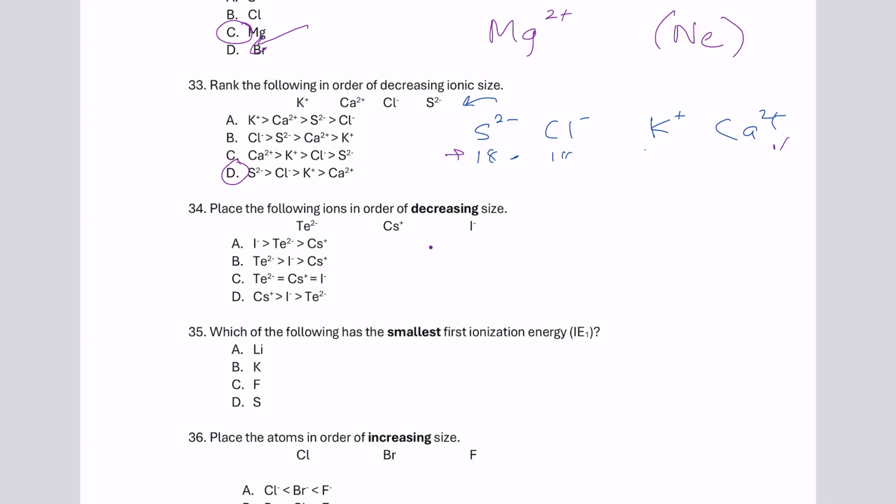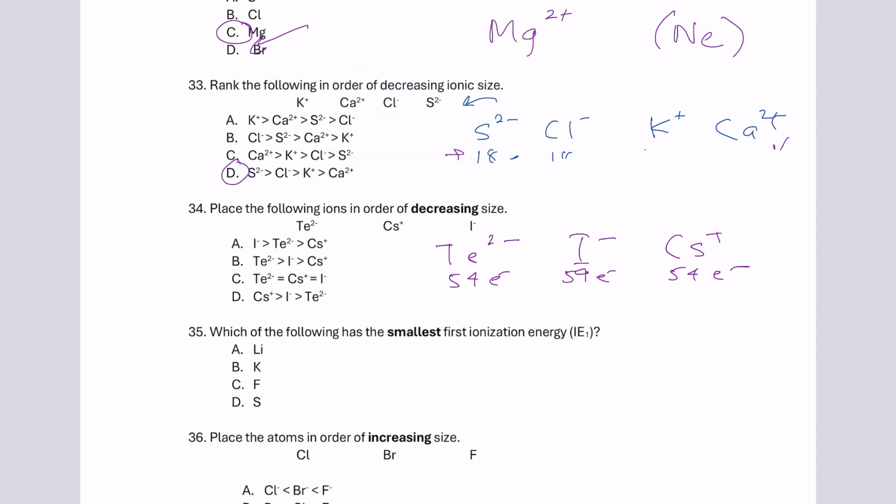We have Te2-, I-, and then Cs+. Each of these ions has 54 electrons, but they have different numbers of protons.